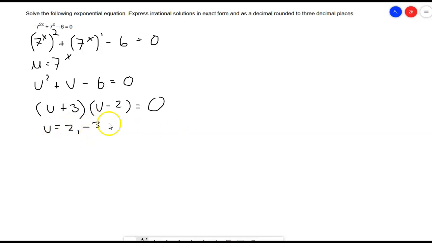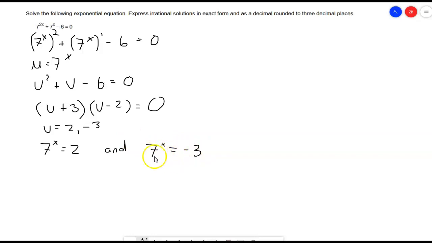We have two solutions for the u variable. Now we have to do the reverse substitution, which means that we have two equations here now. We replace u with 7 to the x, so 7 to the x is equal to 2, and 7 to the x is equal to negative 3.